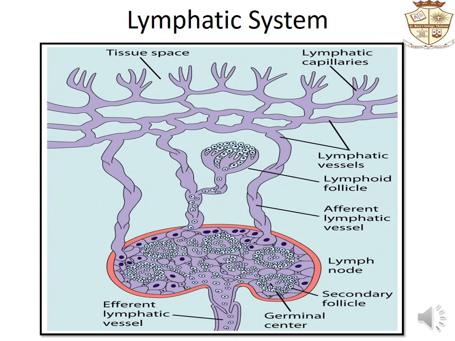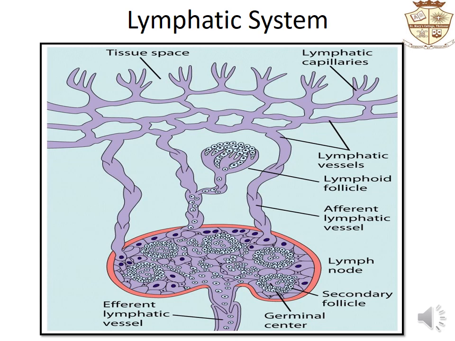A lymph node is an organized lymphoid tissue, and the lymph leaves the lymph nodes through efferent lymphatic vessels, which drain the lymph into the circulatory system, the blood system, through the thoracic duct or the right lymphatic duct. The largest lymphatic vessel is the thoracic duct, and this thoracic duct empties the lymph into the left subclavian vein near the heart.